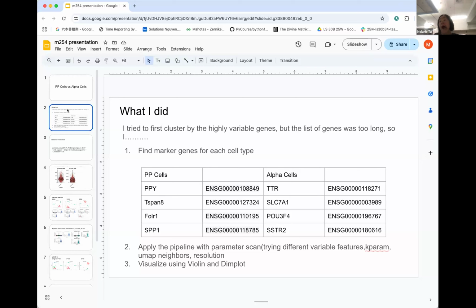From there, I just Googled different marker genes that were already known to identify a cluster.